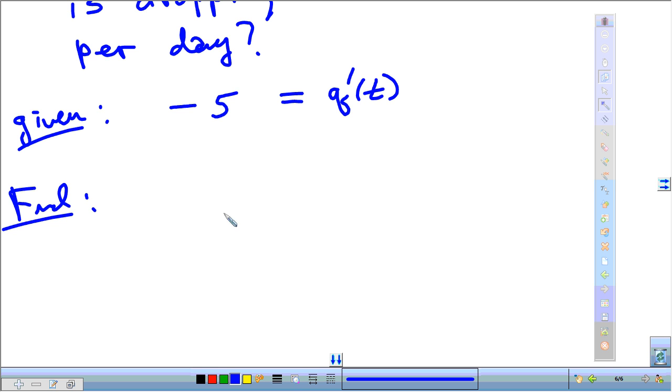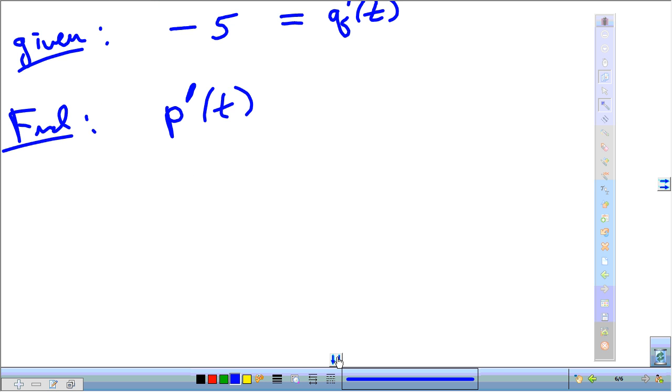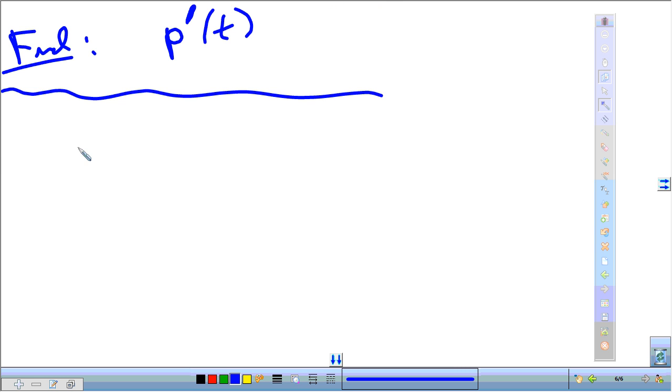We're asked to find how fast the price changes. So that's the rate of change of the price. So now we're asking questions about not just P and Q, but their rates. Now, we don't have Q of T and P of T explicit, but only implicitly in our relationship equation.